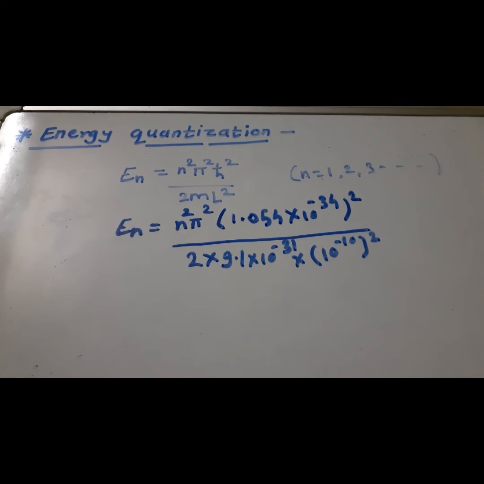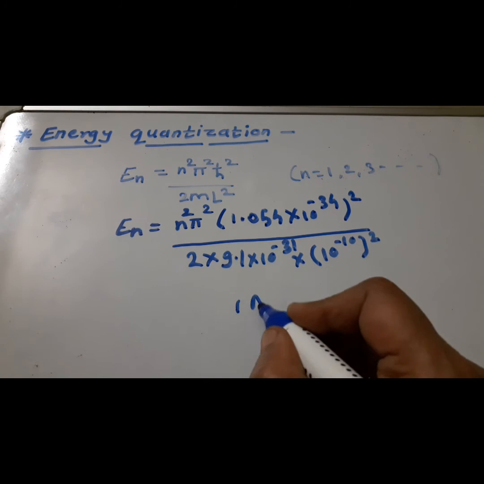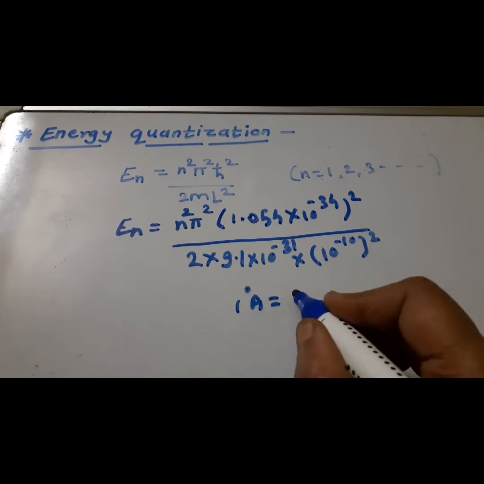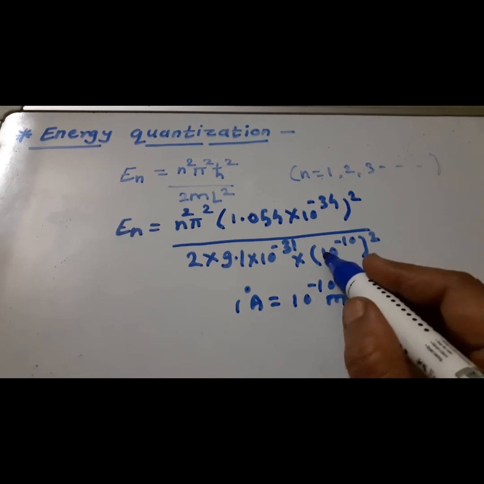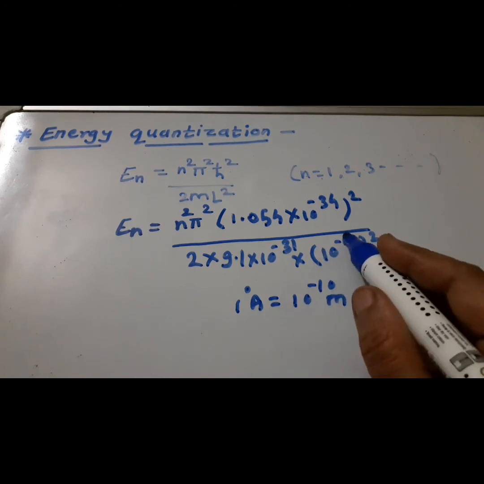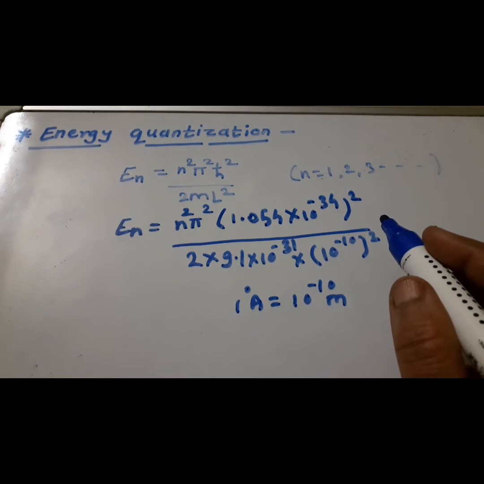What is L here? Already we know that L is the length, and this length is 1 angstrom. We know that 1 angstrom is equal to 10^-10 meter. So we can put L equal to (10^-10) squared.